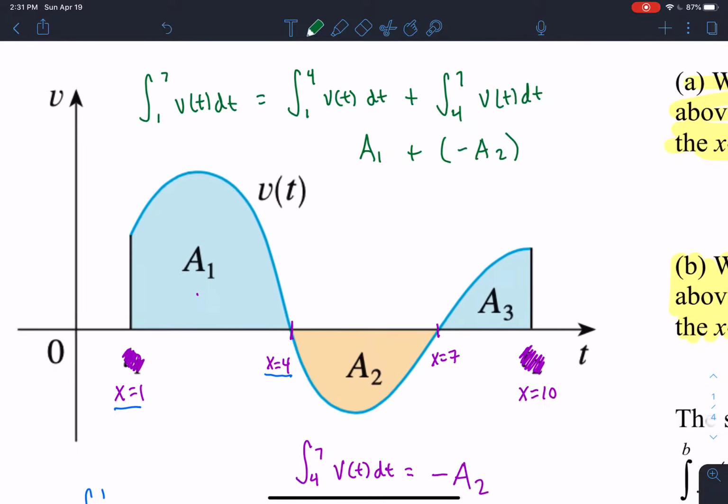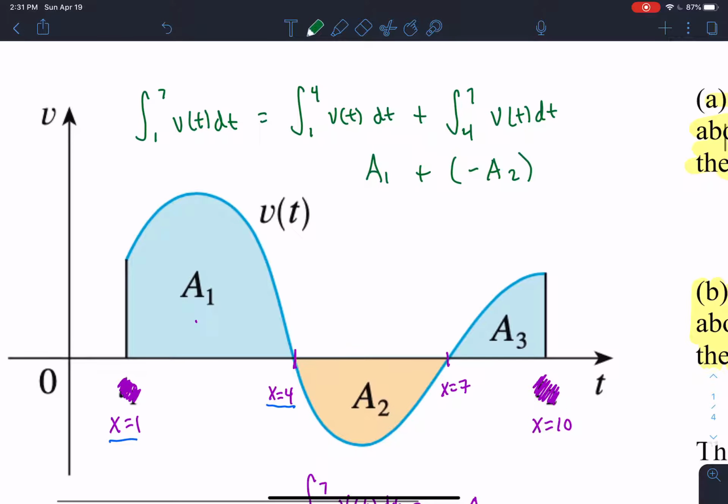A big thing to keep in mind when you're adding definite integrals together: the top number of the first must match the bottom number of the second.